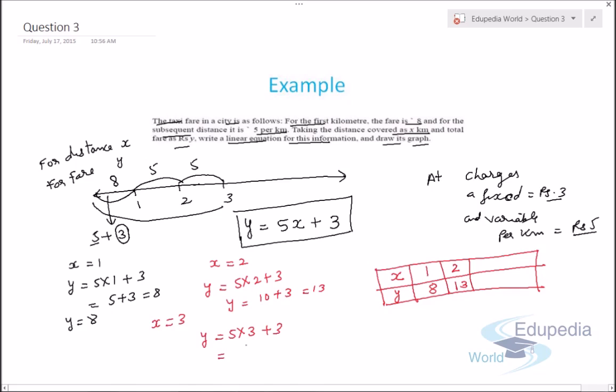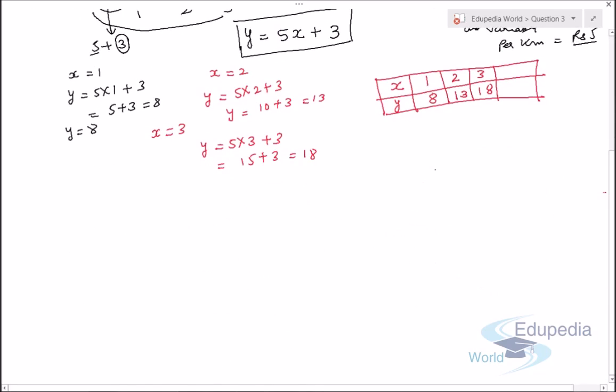So it will come out to be 15 plus 3, which is 18. So we got at least 3 values. What we can do further, we can use these values to draw a graph.